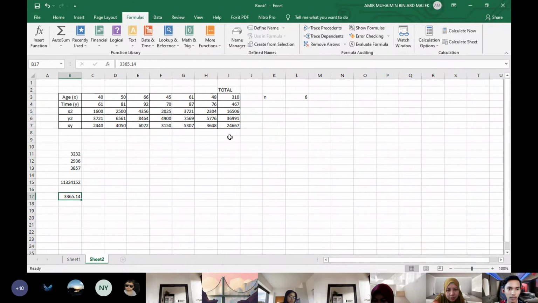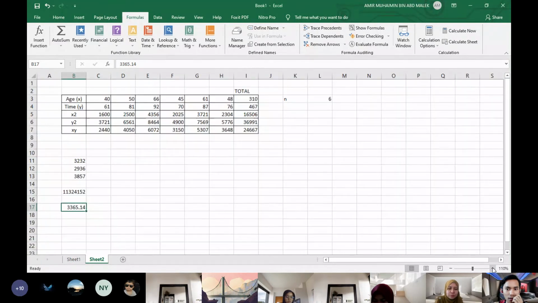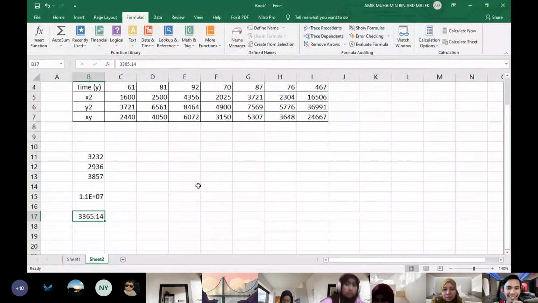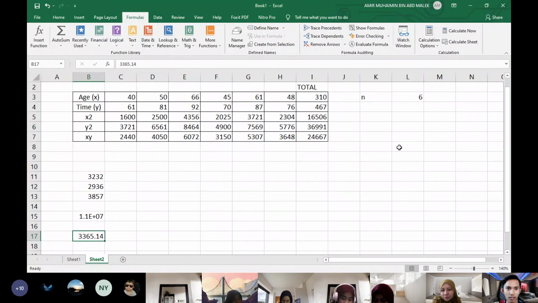I would like to see a bigger view. Zoom in. Okay, so now, can we compare the totals that your friend gets over here? Those who are using your calculator, do you get the same value?